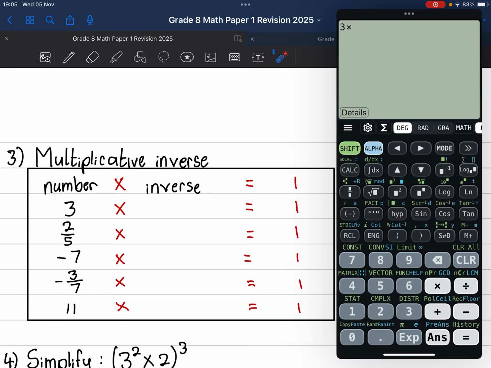Now you might be thinking that 3 times anything, there's no way to get it to 1. But what if you had to say 3 divided by 3? Wouldn't that be 1? So using that concept, we can say 3 times 1 over 3, which is effectively 3 divided by 3. 3 times the reciprocal, which is 1 over 3, will give you 1.